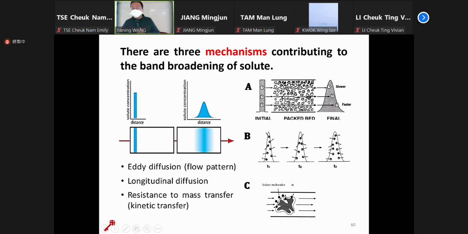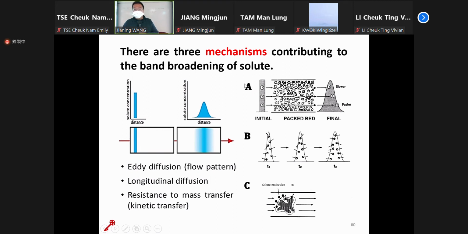On the surface of the particle is the stationary phase, and the space here is filled with the mobile phase. So this is the initial shape of the band, we can consider it the ideal shape of a solute. So after the sample passes through the column, we will find band broadening happens.